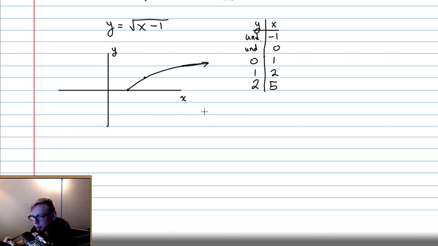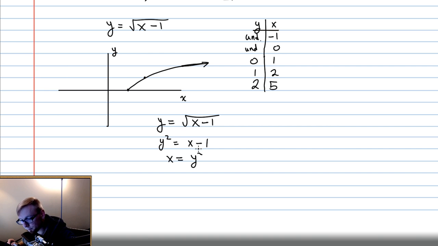Now, this is a little strange to me because what if we do this in reverse? We've got y equals square root of x minus 1. And let's say we square both sides, so we get y squared equals x minus 1. And we change this to be x equals y squared plus 1. Well, what's the graph of that?